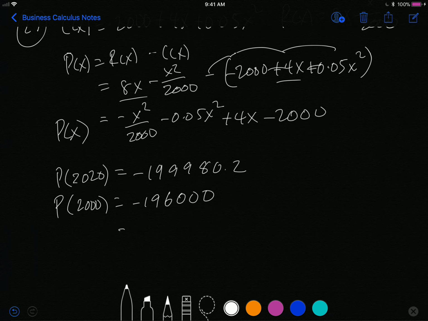And you get the profit will go down by $3,980, and so therefore you should not make more units. Alright.